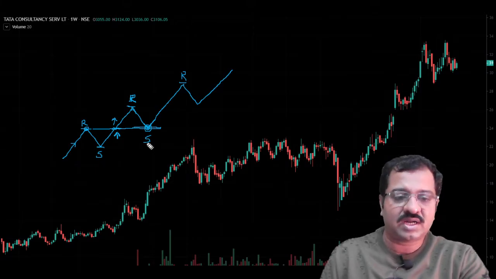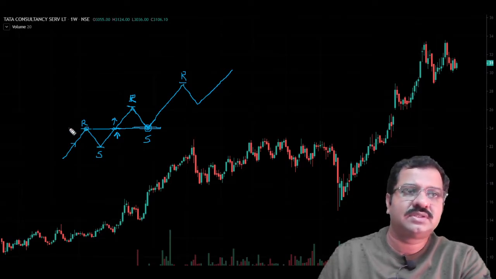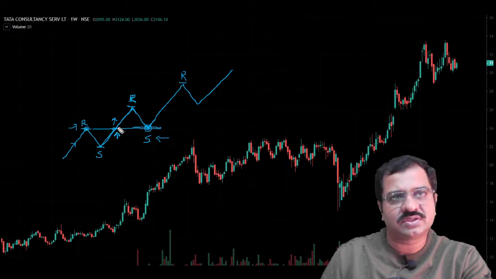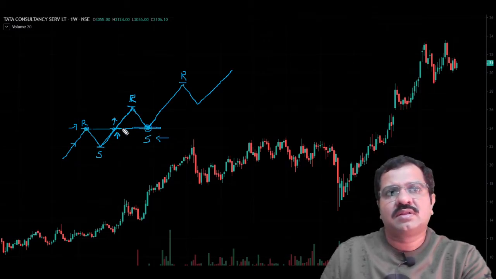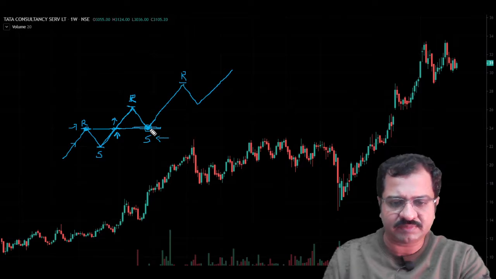On charts, many times you will observe that old resistances become new supports. When price breaks above the old resistance level, the old resistance level now acts as the new support level. This happens many times.